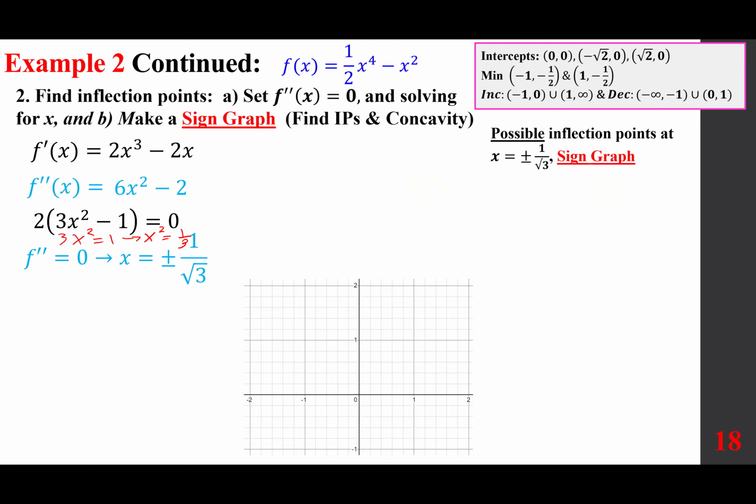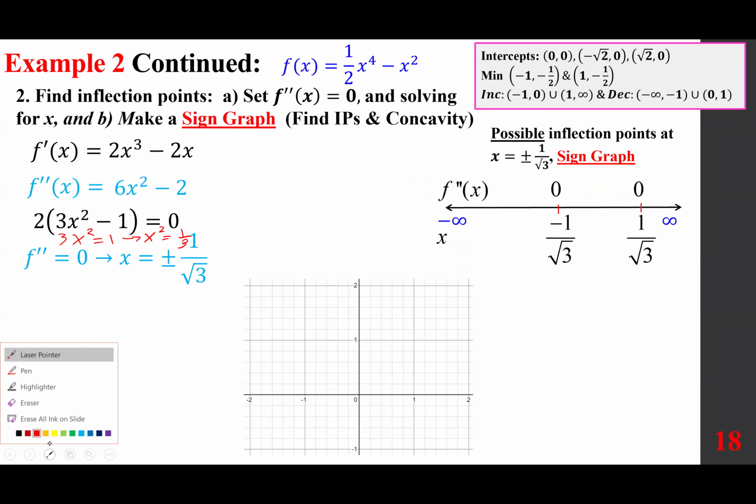We do the sign graph. When we do the sign graph, we put those numbers here at the bottom and 0 at the top. Negative 1 over square root of 3 makes f double prime 0, and positive makes it 0. If you use test points, I hope you recognize that square root of 3 is 1.7, so 1 over 1.7 is less than 1.